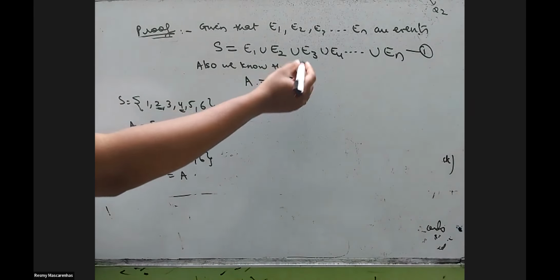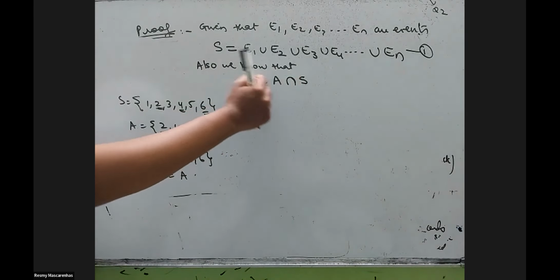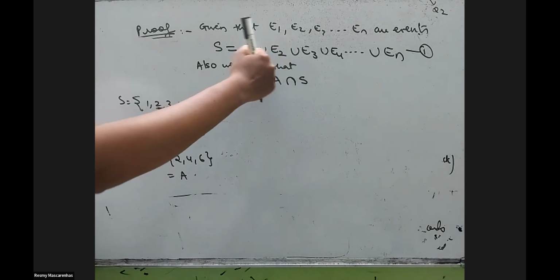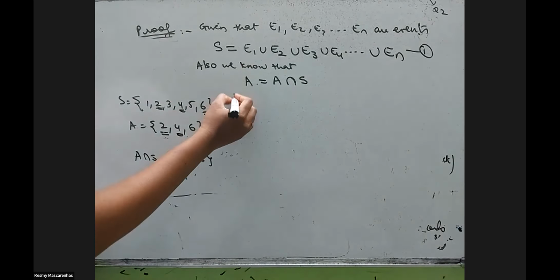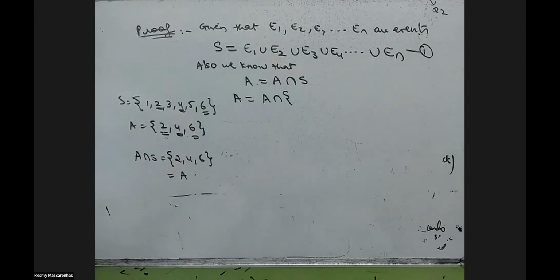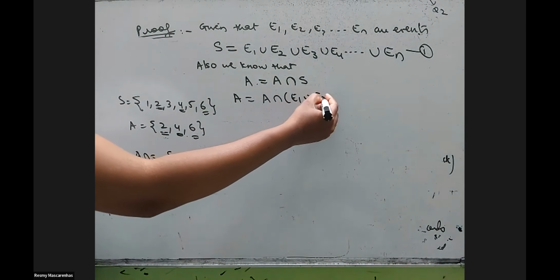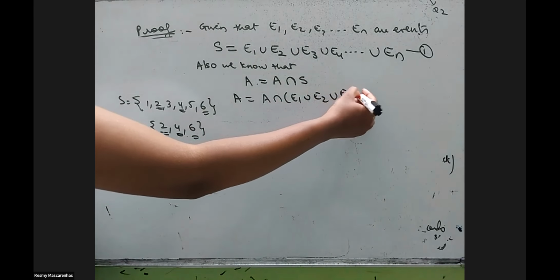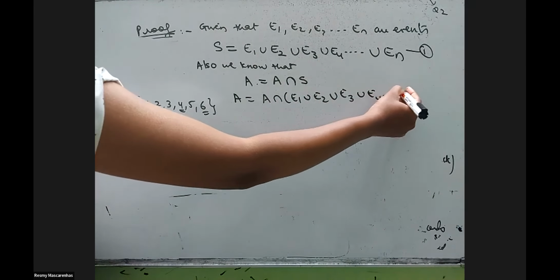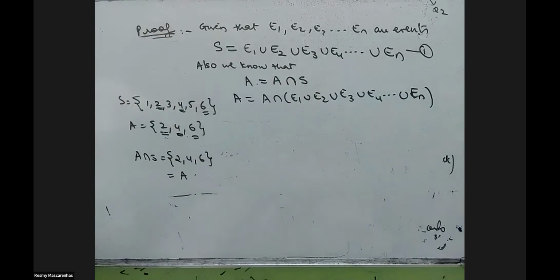Okay, so what we'll do now, we know this statement, only this part you have to remember, this step. Then you have to substitute this entire thing over here. A will become what? A intersection, put this E1 union E2. Put the value of S there.